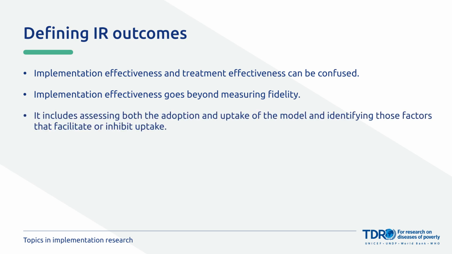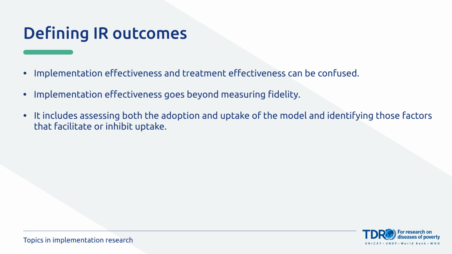It also looks at how well the model is adopted and used, and what helps or hinders its adoption. Treatment effectiveness is about how likely a treatment method will benefit patients in a specific clinical population when administered in clinical practice. This confusion also affects how we grasp the difference between implementation outcomes and outcomes related to service systems and clinical treatments.